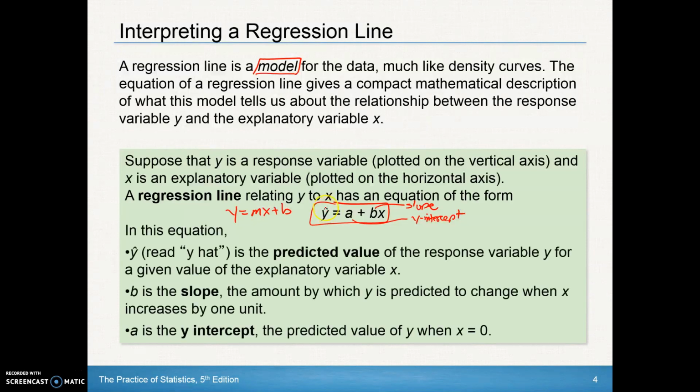This little symbol above the y is a little hat, so it's read y hat. This is our predicted value of the variable y for a given value of x. And again, b is the slope and a is the y-intercept, the value when x is 0. So just a little bit different form.